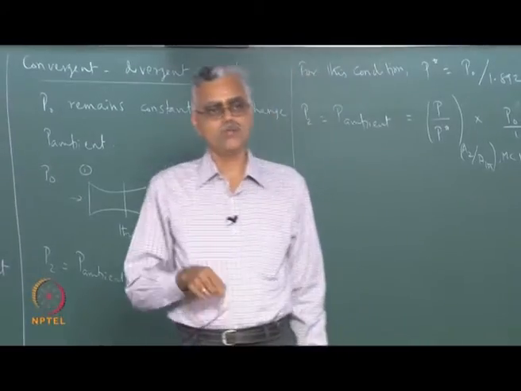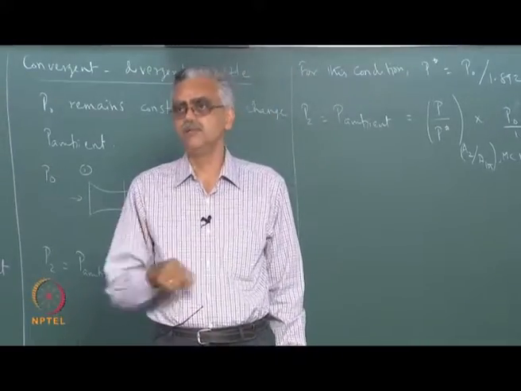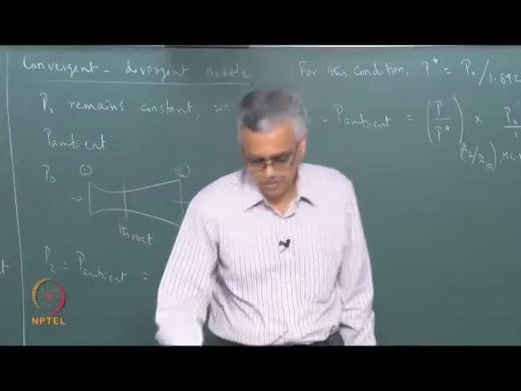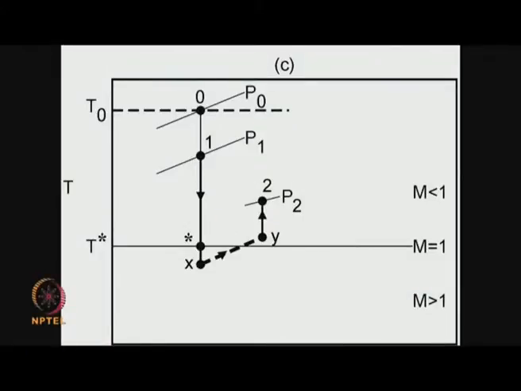Now if I lower my ambient pressure a little bit more, then this is the scenario I have. Okay. So now, because I have lowered the ambient pressure from the previous value, the flow after reaching M equal to 1 at the throat continues to accelerate because it sees a favorable pressure at the exit.